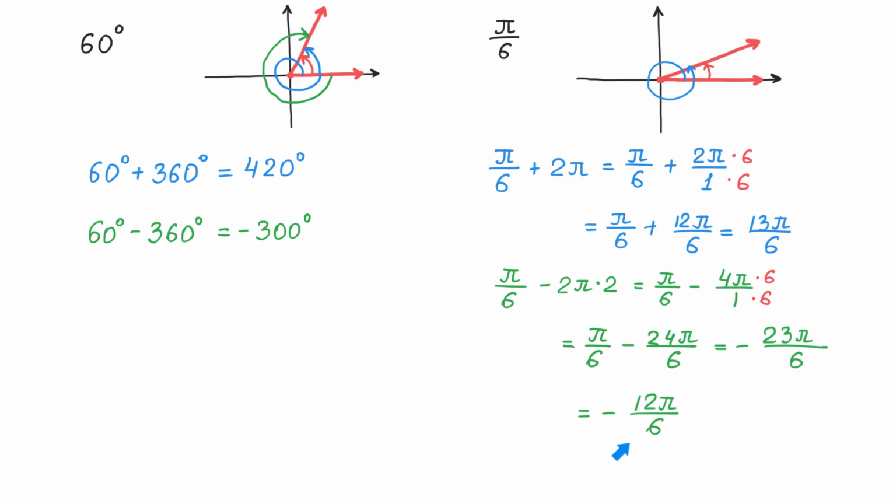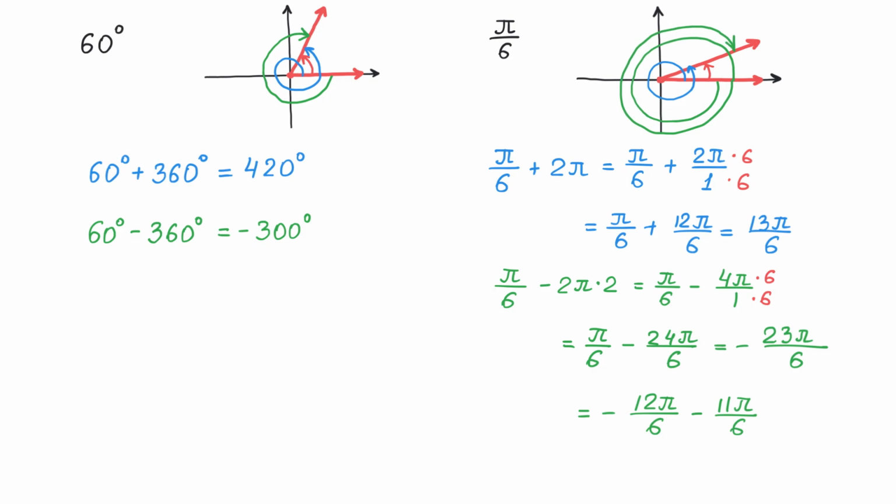This represents one full clockwise rotation because negative 12 pi divided by 6 is negative 2 pi. But then we are also left with negative 11 pi over 6. So now on the graph, if we start with the initial side, we will go clockwise one full rotation plus another 11 pi over 6.